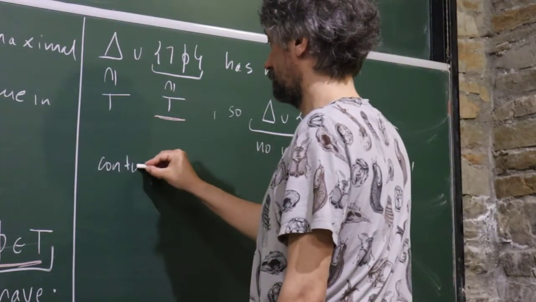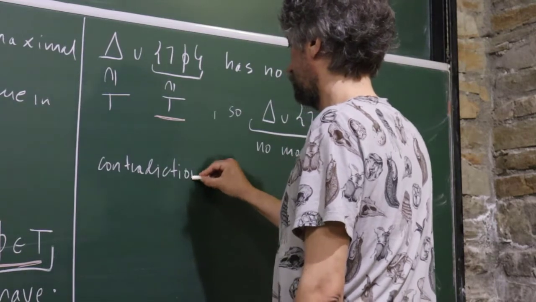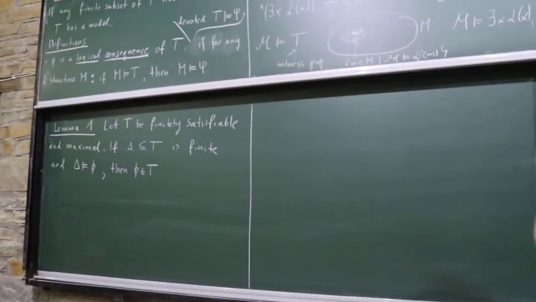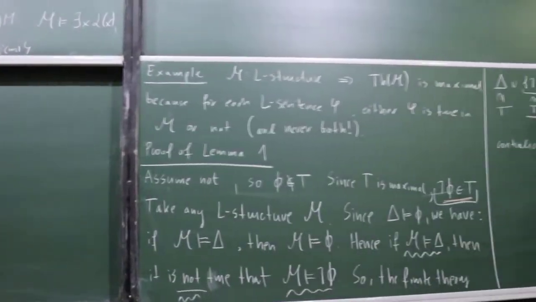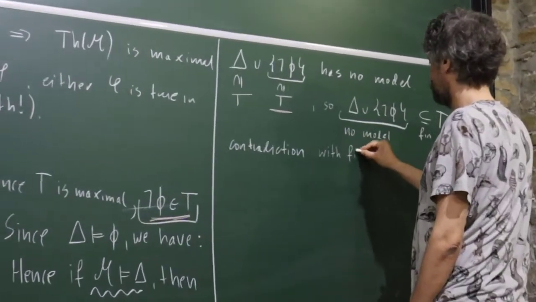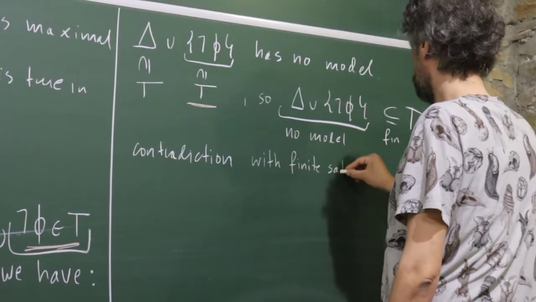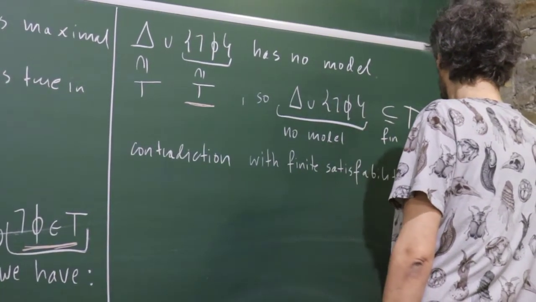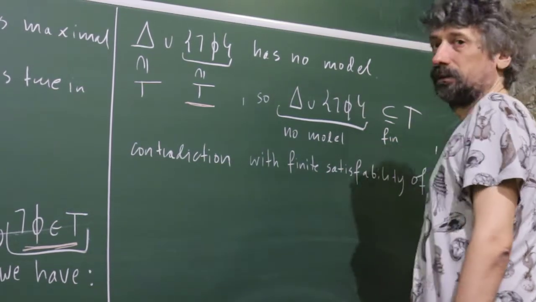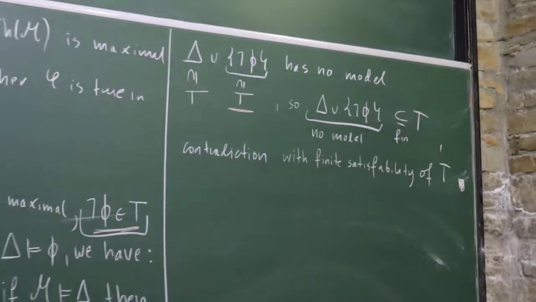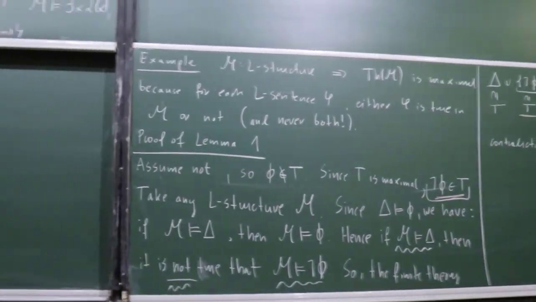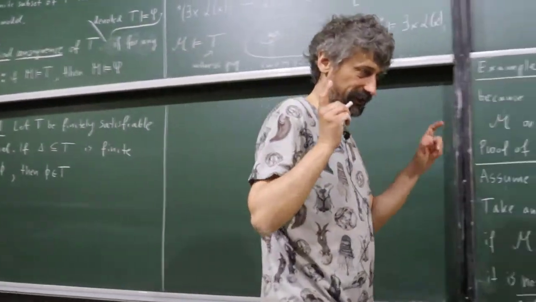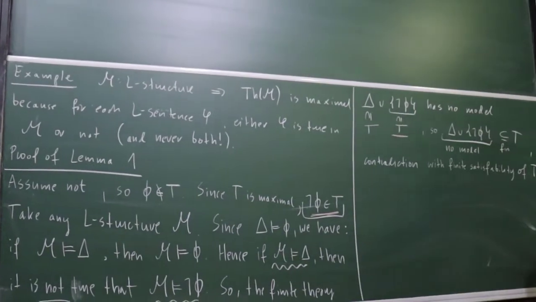Contradiction with finite satisfiability of T. Not much, but we will use this property many times to construct this model. It may look very, very obvious, but it's connecting two a priori different things.